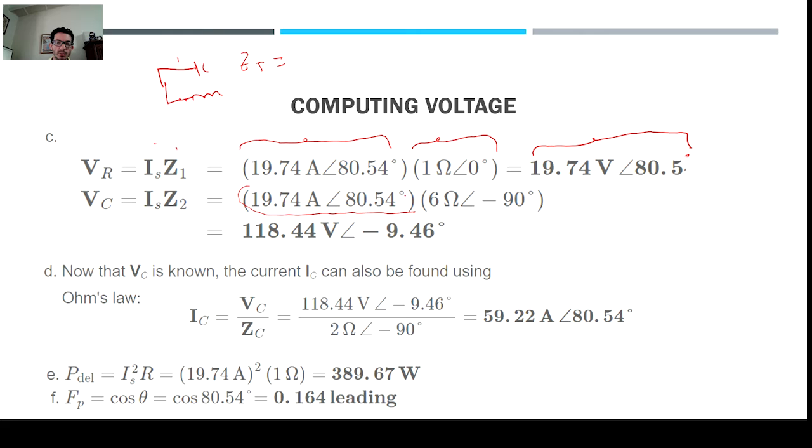So 19.74 times 6 is 118.44, and 80.54 plus negative 90 is negative 9.46 degrees. So this is the voltage going through the capacitor.